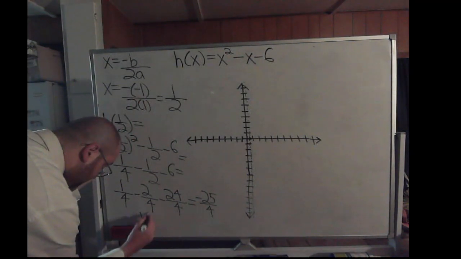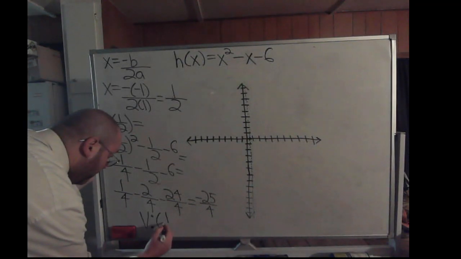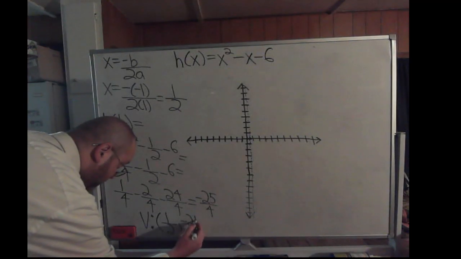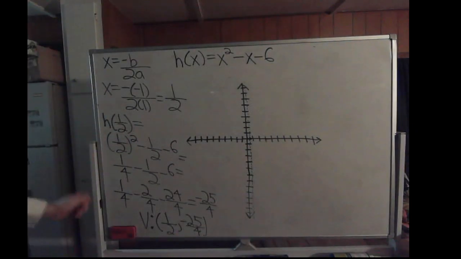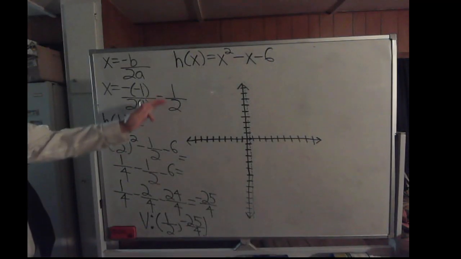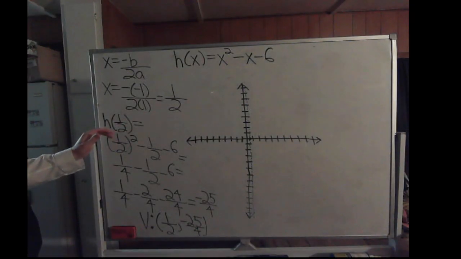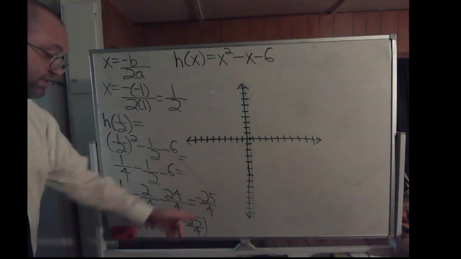So the vertex, I'll call that point V, is going to be located at 1/2, -25/4. So I found the x-coordinate of the vertex by -b/2a. Then I simply put that 1/2 value in for the function, and I came up with -25/4 for the y-coordinate.